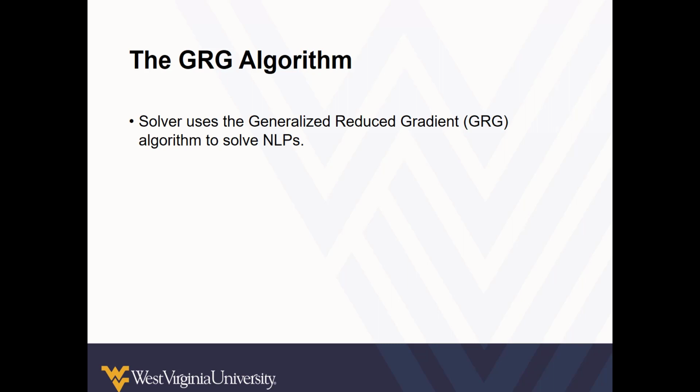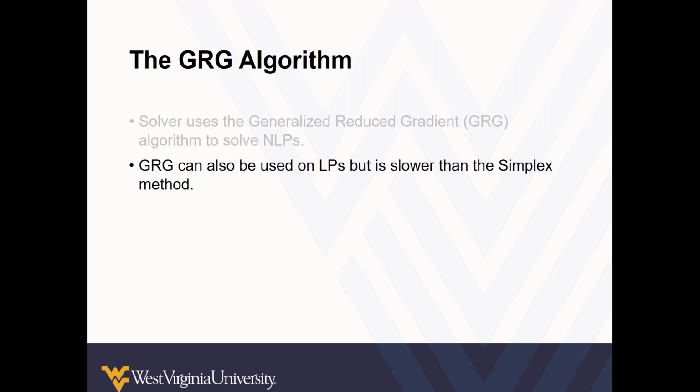So to solve nonlinear programming problems, Solver uses the Generalized Reduced Gradient Algorithm, or the GRG nonlinear approach. We can also use the GRG approach on linear programming problems, but it's slower than the simplex method. Although for most problems that you're solving, it is probably not too difficult to use the GRG method, even though it takes longer, because a lot of problems that we're working with aren't terribly complex, at least in this class.